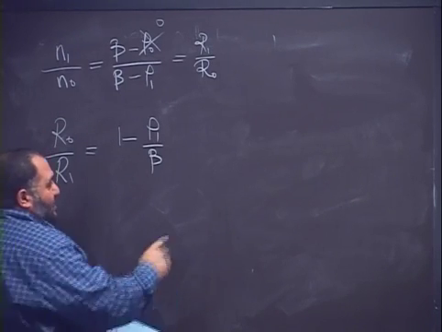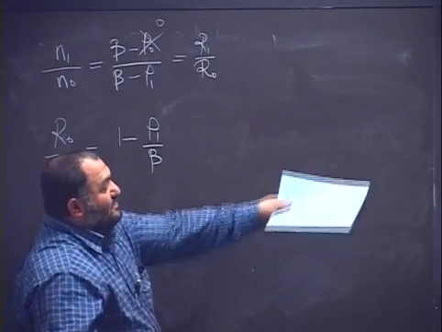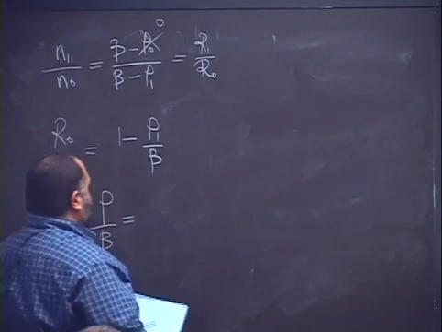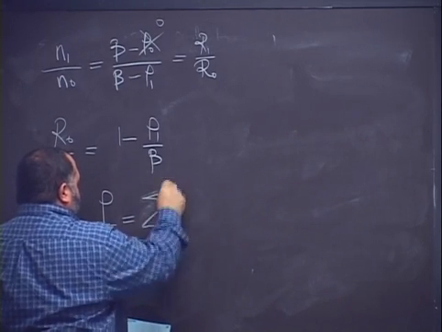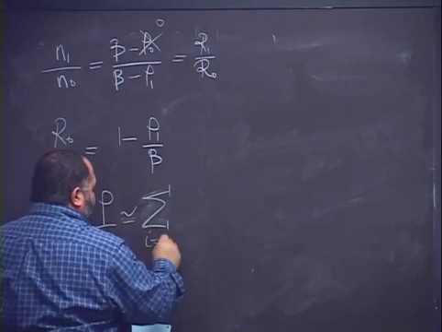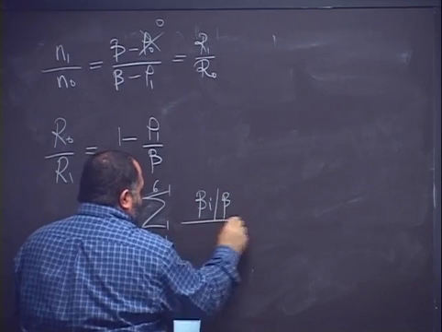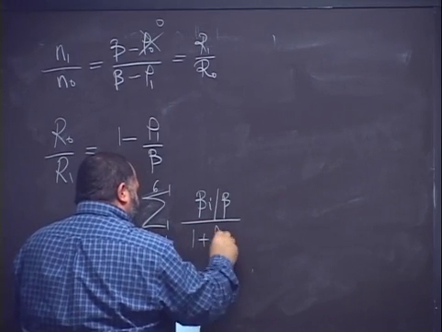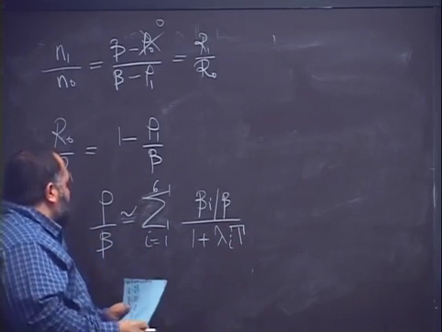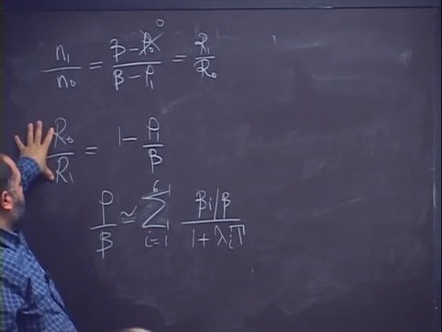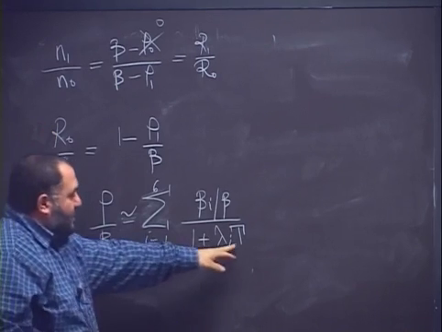And we knew that rho over beta is equal to what over there? The formula over there: the summation from I equal 1 to 6 of beta I divided by beta over 1 plus lambda I multiplied by T. So if you know the neutron detector response before and after the rod drop, you can get what?